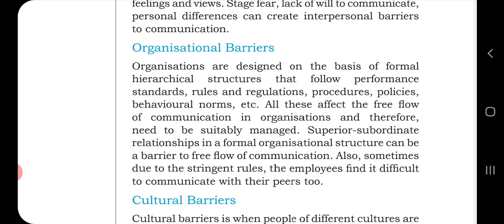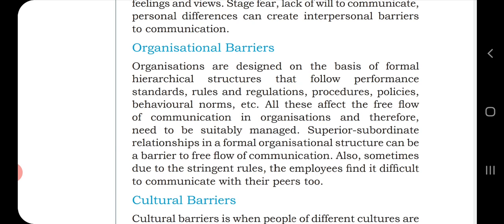It can be documents, it can be the incoming and outgoing timings. Then procedures. Procedure is how some work is expected to be done. The way of working is procedure. Policies, there are some policies of the organization, means it is having some set of rules which need to be followed by the employees.